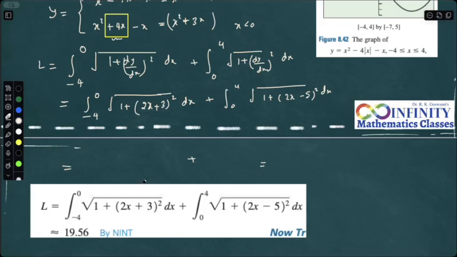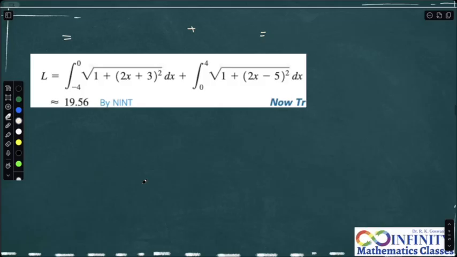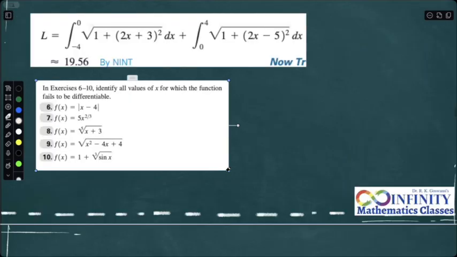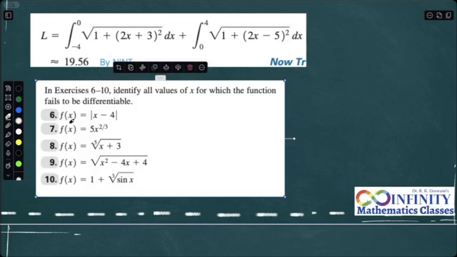So based on that, we have a quick yes or no type of question for you. Some questions are given to you: 6, 7, 8, 9, 10. These are the question numbers. Identify all values of x for which the function fails to be differentiable.